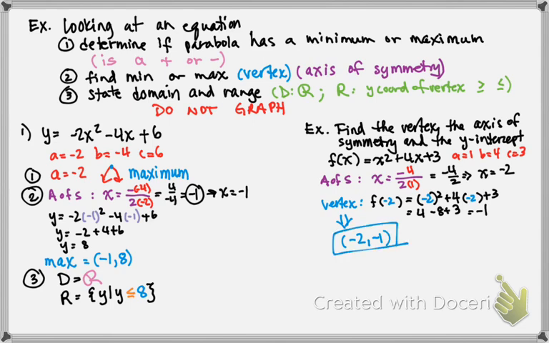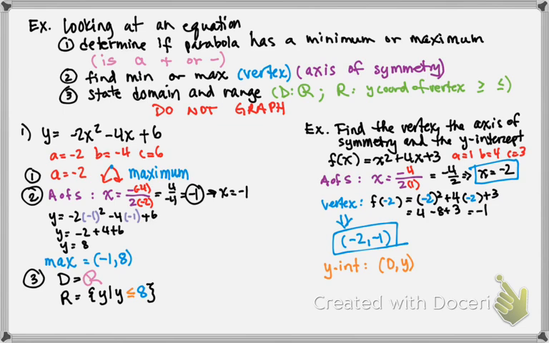Now, interestingly enough, I already figured out the axis of symmetry. Now the y-intercept. The y-intercept is where x equals 0, remember? So we substitute in 0 for x and we solve.